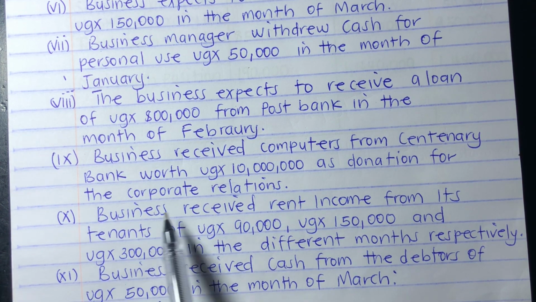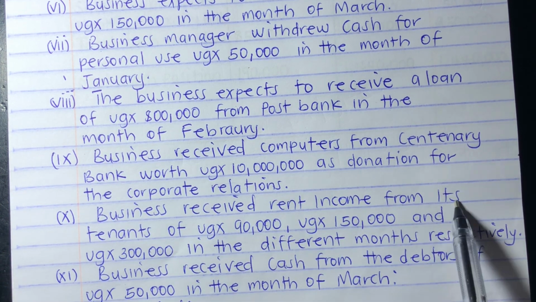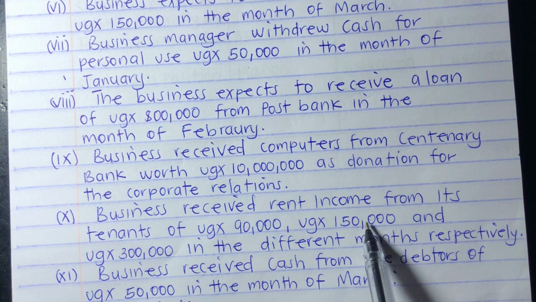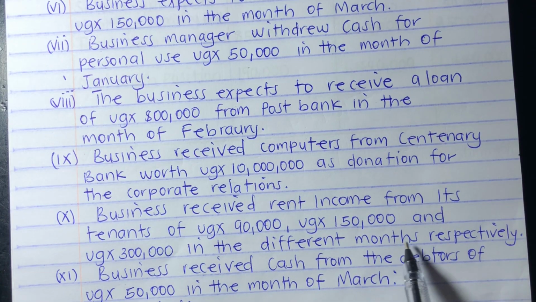Roman 10, the business received rent income from its tenants of UGX 90,000, UGX 150,000 and UGX 300,000 in their respective months. Roman 11, the business received cash from the debtors of UGX 50,000 in the month of March.